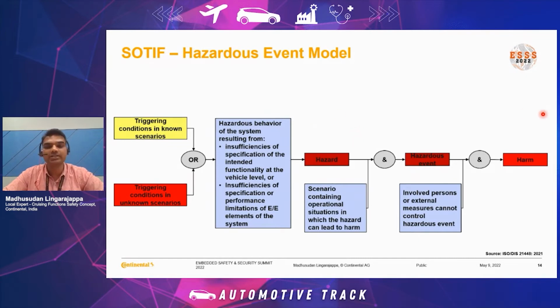Hazard is defined as a state or a condition which, together with a worst case scenario, will lead to an accident. These hazardous events together with any misuse scenarios caused by the human, which may not be controlled by persons or any external measures, would lead to harm. In the coming slides we will see how we are going to address these challenges.